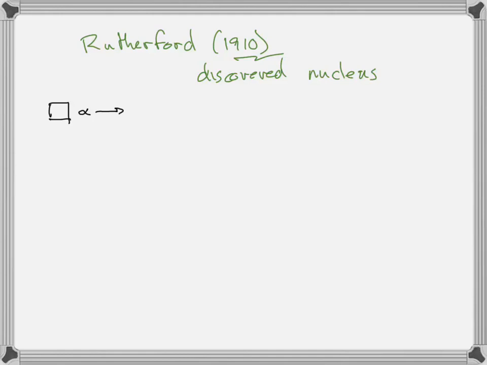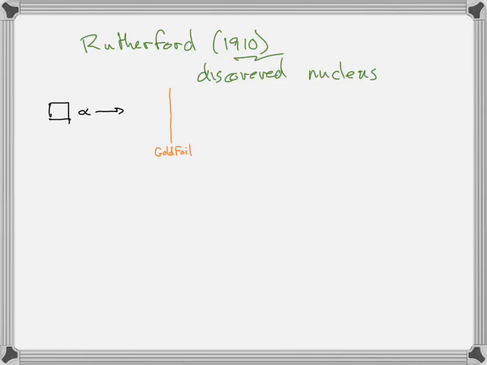So Rutherford had these alpha particles, and he did scattering experiments of various sorts. But the one that's important is he was scattering alpha particles, shooting them at gold foil. Typically, when you shoot a heavy particle at anything, you might expect it's going to get deflected some.